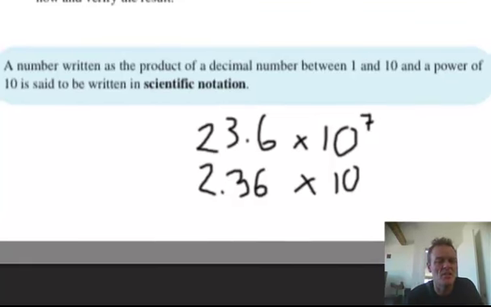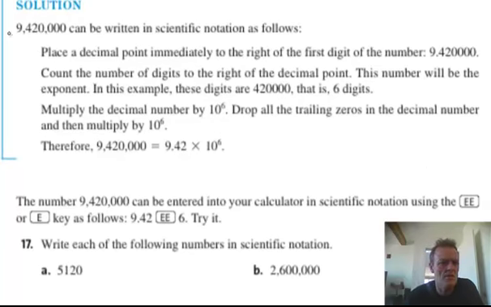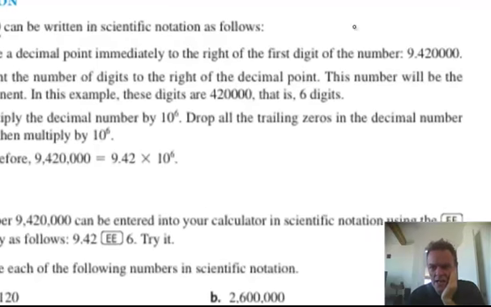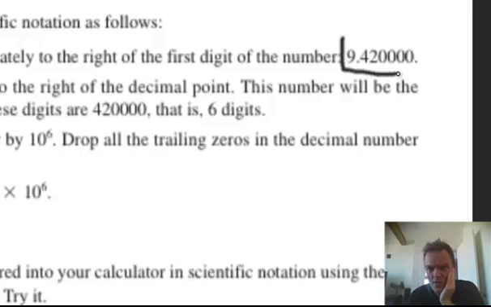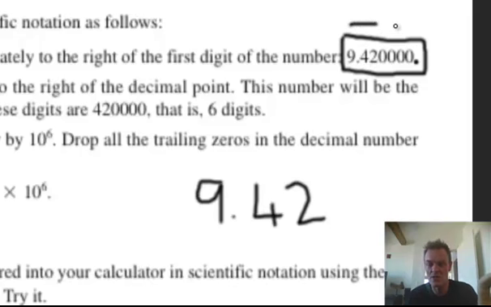Let's have to practice some of these now. Okay, so let's look at 942. Let's look at this one. Scientific notation. Now, I mean, you can read this from the book, of course, right here. But I like to think of it as, I know, actually, here's a good way of looking at it, okay? I know that the decimal point is there, okay? I made it a bit bigger, right? There's the decimal point. If I move it to where it should be, in other words, 9.42, so just look at the numbers, it's got a 9, a 4 and a 2 in it just at the start here, okay?